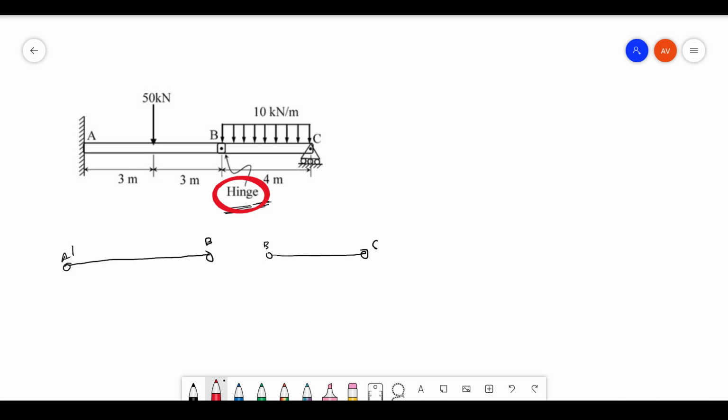Why have I drawn this separately? Because we are given a hinge joint at this point. What happens at a hinge joint is that it is a very flexible member, so unlike other support points, it cannot take moment. The net force and net moment at that point have to be zero. If you separate these beams out, since you have forces like this here, you can write, let's say, RB like this.